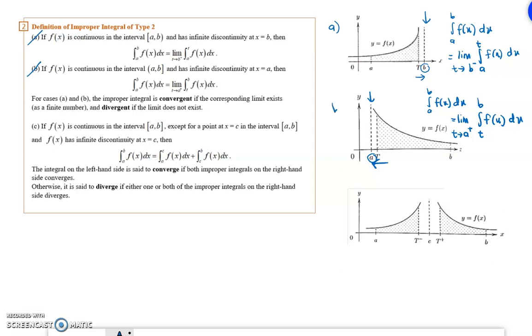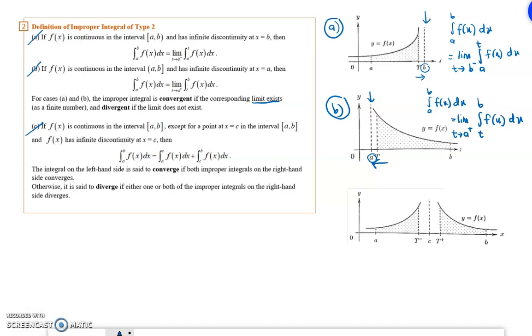This is the case for b. For cases a and b, the improper integral is convergent if the limit exists, meaning it is a finite number, and it is divergent if the limit does not exist.